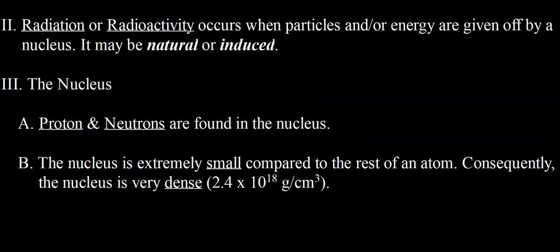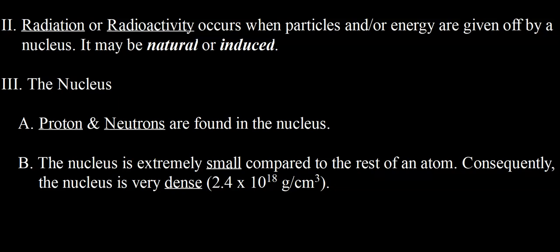All right, so we have a couple different types of nuclear reactions that occur. Some occur naturally and some are induced. And in either situation, we have particles and/or energy that is given off during this process. And those particles and/or energy are known as radiation. Radioactivity is really a term more for the behavior of a substance, the property of a substance.